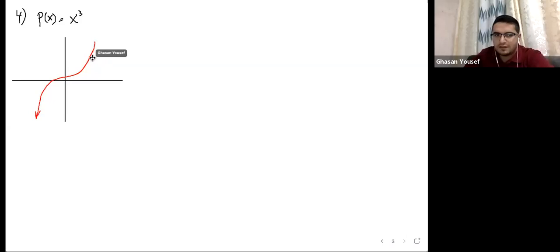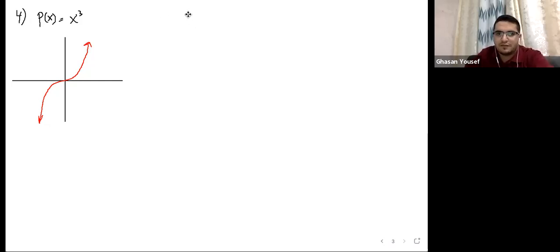It is flatter close to 0. So this is p of x equal x to the power 3.